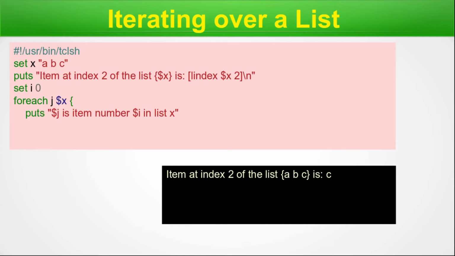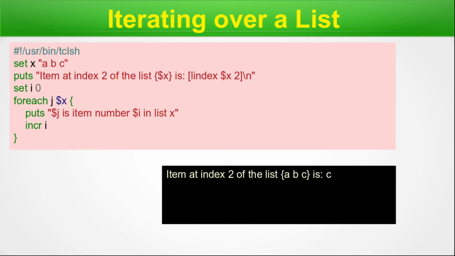So j is the element here, $j, and i will give the index, and we increase it at the end with the incr procedure, and we close the foreach.